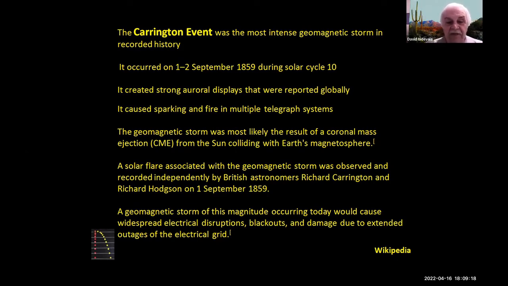So this particular activity was assumed to have come from this flare that Carrington discovered, or was actually observing. Now, of course, if something like this were to happen today at this scale, we'd have an interesting problem to deal with. In 1859, I guess the worst electrical problems we had were with telegraph systems.